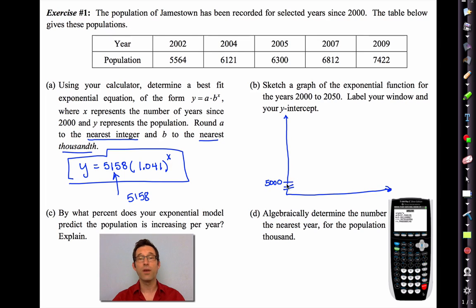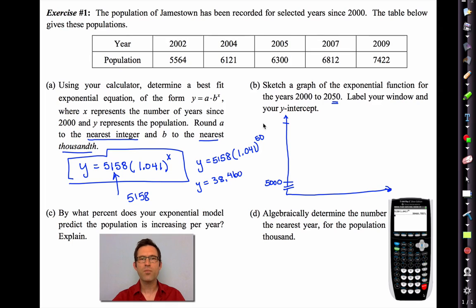I haven't gone into my window yet, but my y-max is a little bit trickier. I know that this is a growing exponential, so its biggest value should occur at 2050. So what I actually already did, in my calculator, I put in this calculation, 5,158 times 1.041 to the 50th, just so I knew what my population was at the end of my graph, and it ends up being 38,460.